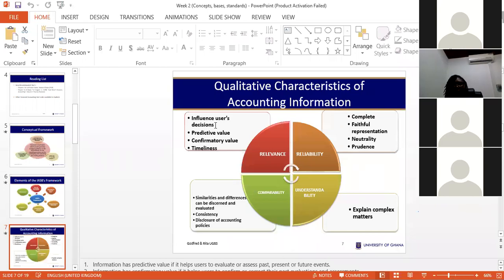Second, it must faithfully represent what it purports to be. Remember, most of the users are not in the organization. The financial statement represents the only means of determining what is happening within the organization. So if there is cause to think that it does not report the true picture, people will no more rely on the financials.